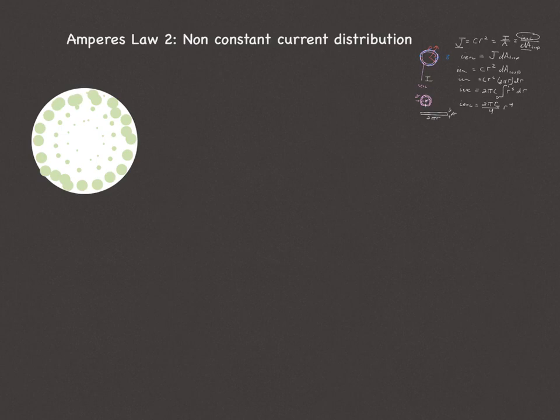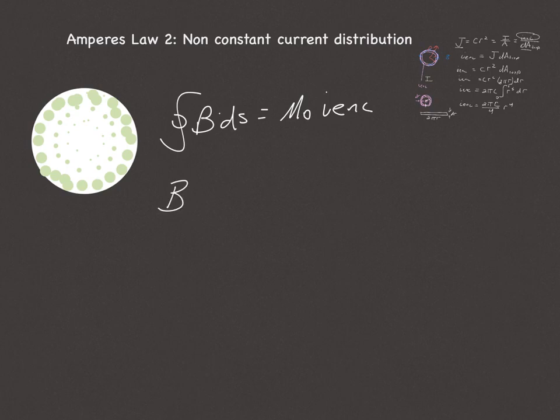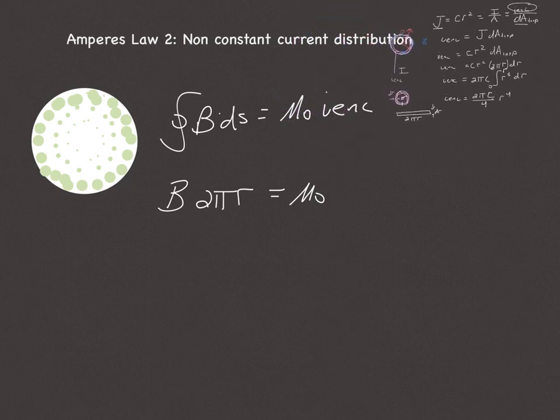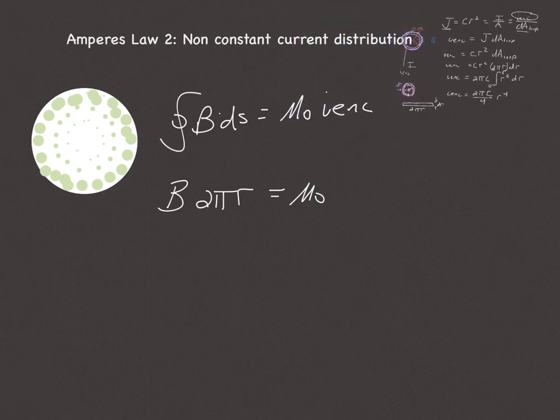All right, let's start with Ampere's Law. Closed loop integral of B dot ds, which is going to be B anyway, equals mu naught I enclosed. All right, looking for B. The length of our Amperian loop is still 2 pi r equals mu naught. Now we have our I enclosed. You can see 2 pi c over 4 times r to the 4th.